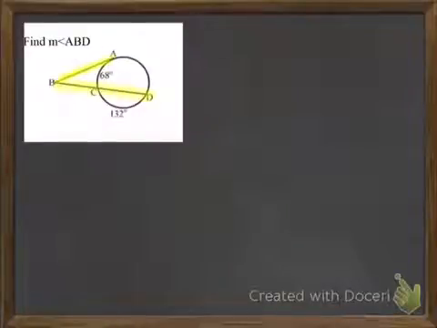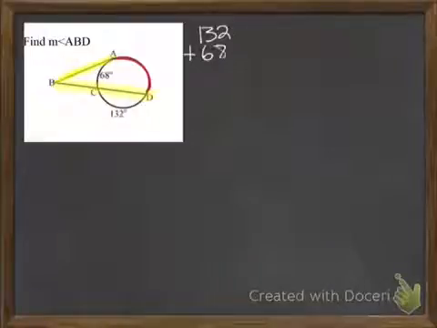Well, in order to do that, you have to have the measurement from A to D. Okay, to identify that measurement, what we're going to do is add 132 plus 68, and you're going to get 200.